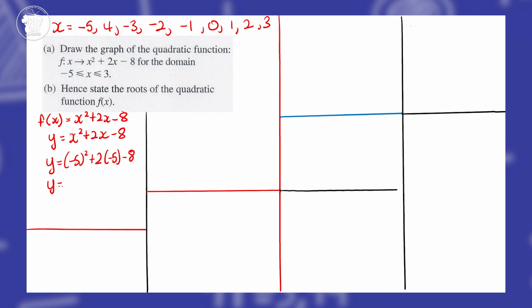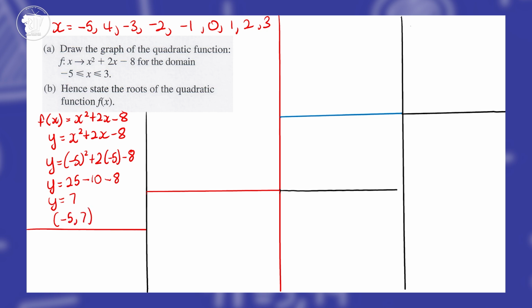So y will be equal to, negative 5 squared would be 25, negative 5 times negative 5 is positive 25. 2 times negative 5 would be minus 10, and this is minus 8. So y will be equal to 25 minus 10 minus 8, which is equal to 7. So our coordinates would be the x value, which is negative 5, and 7.